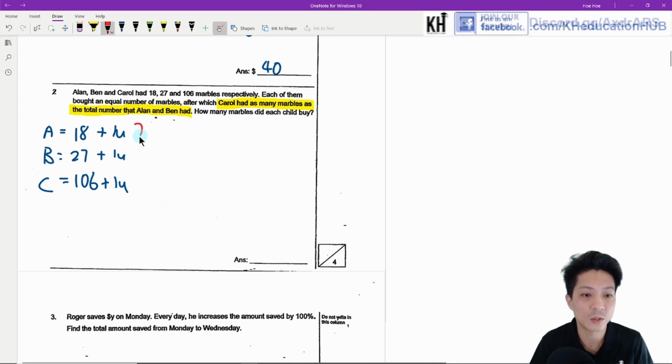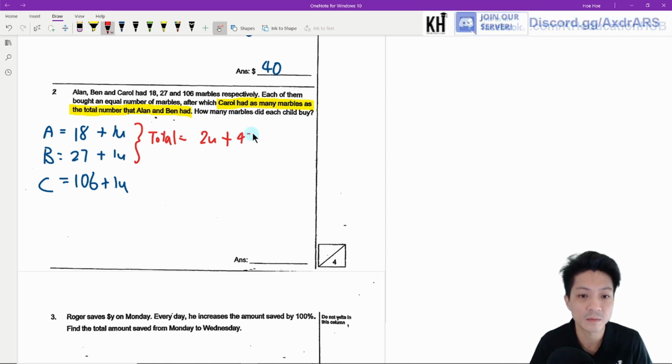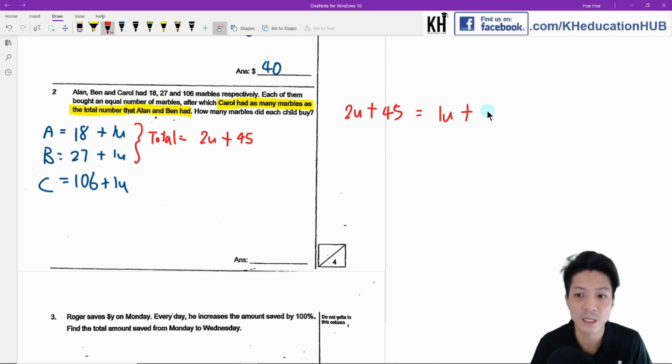Okay, so the total for Alan and Ben is 2 unit plus 18 plus 27, which is 45, right? Which means that 2 unit plus 45 is equals to 1 unit plus 106.